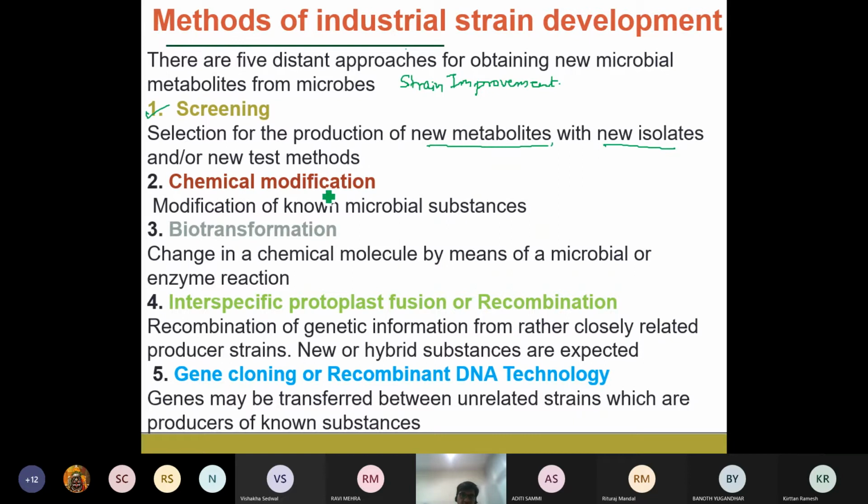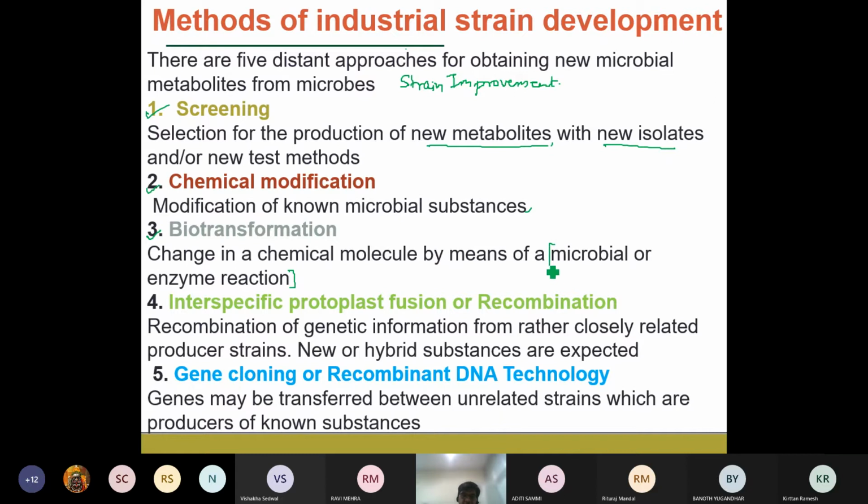Okay, and then comes the other step, the chemical modifications, where we actually modify the microbial substances. Then comes the biotransformation, which is a change in the chemical molecule by means of a microbe or enzyme reaction. So generally, we have talked about this earlier.